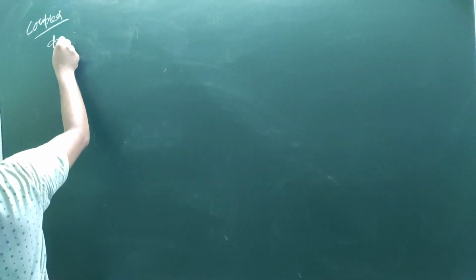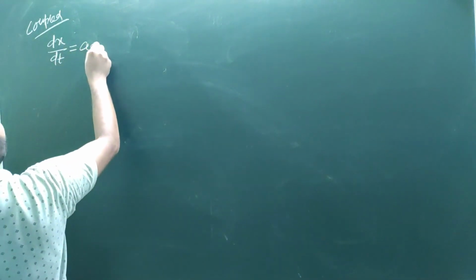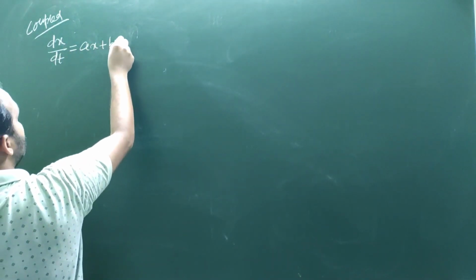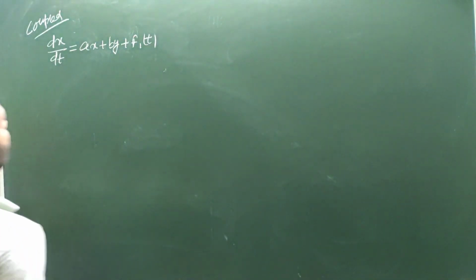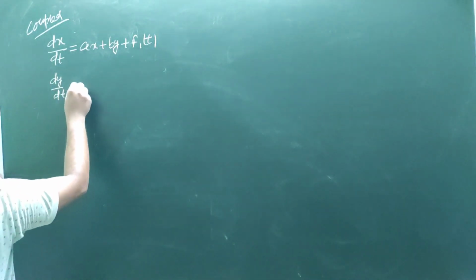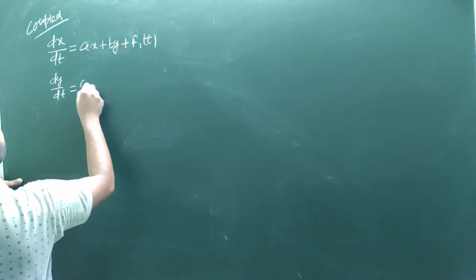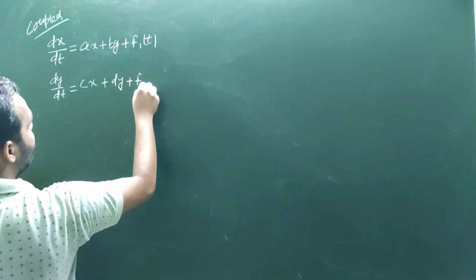For example, let's say we have dx/dt is equal to ax plus by plus f1(t), and another one, dy/dt is equal to cx plus dy plus f2(t).